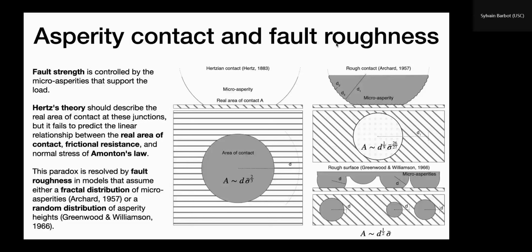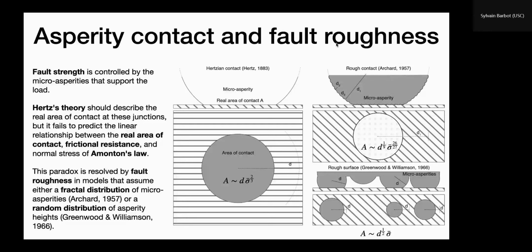It's an elastic solution that describes the real area of contact when a spherical bead is subject to a prescribed normal stress. It is a closed form solution, and the area of contact scales with the initial radius of curvature of the sphere, which is d in this formulation, and with the normal stress applied to the bead to the power of 2/3.